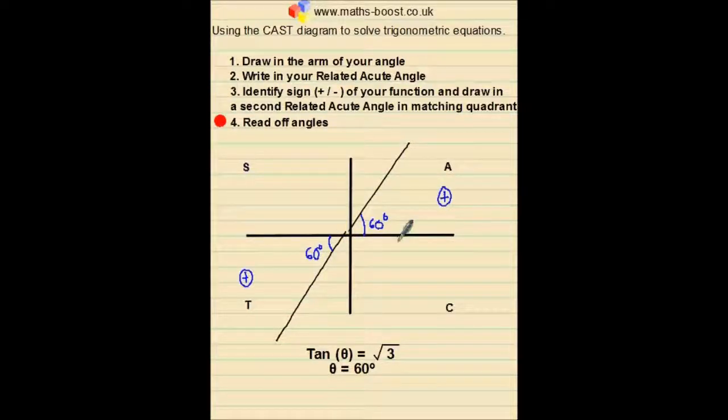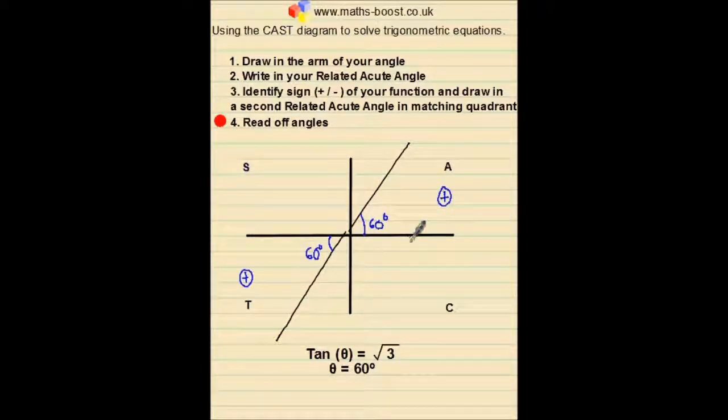Finally, I'll read off the angles. If I move in a counterclockwise direction, I'll get positive angles: 60 degrees, 240 degrees, and I can cycle through 360 to give me 420 degrees, and so on.